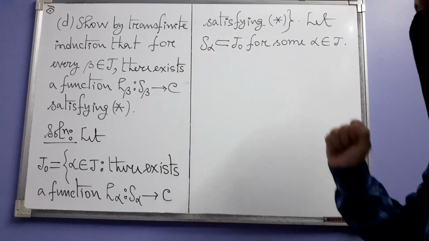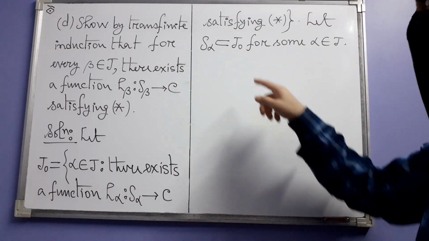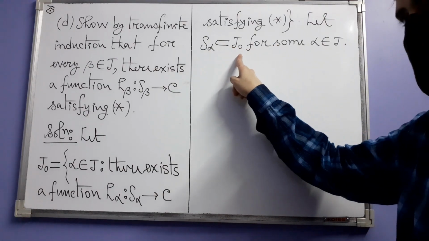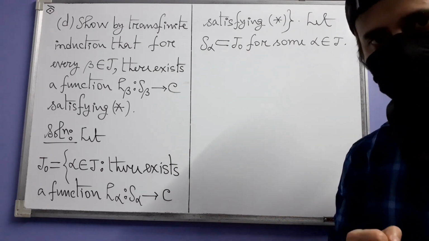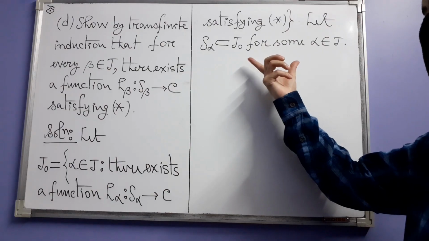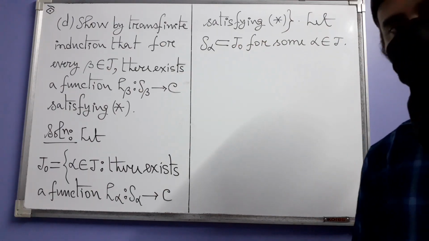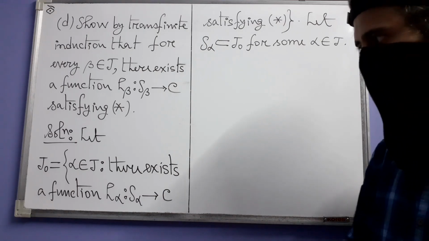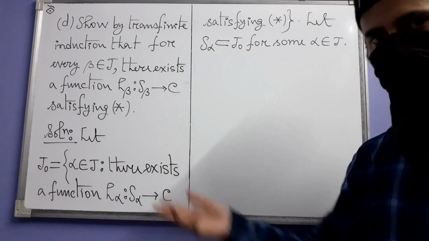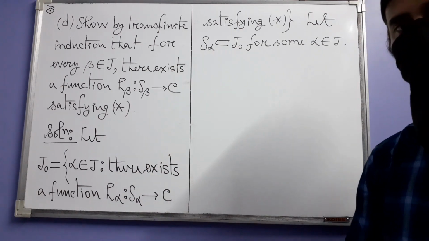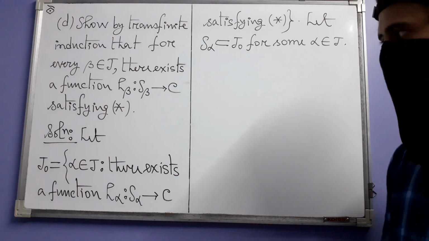If we can then show that alpha, which is coming from J obviously, also belongs to J0 as an element, then by the principle of transfinite induction, J0 will be equal to J. So when that happens, then for every alpha in J, this will be true. So our claim will be proved. So now we have to show that alpha belongs to J0. Let's see how.